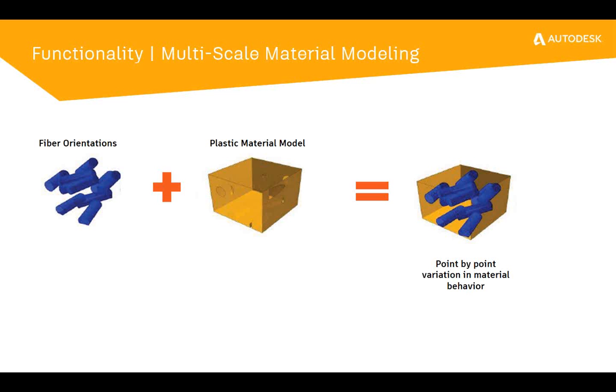This is super valuable because we get an accurate representation at each point in our injection molded part. We get a separate set of stiffnesses and strengths based on those fiber orientations and how they vary through our part.